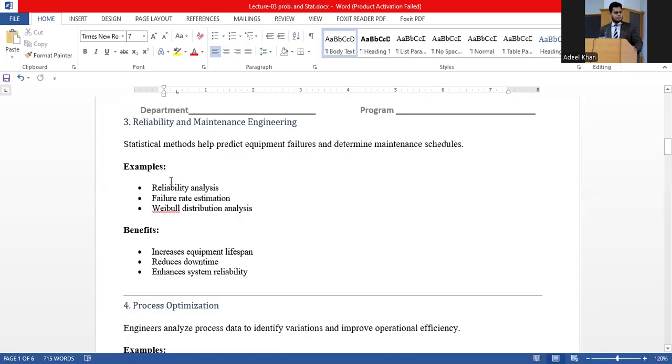Examples for this scenario are reliability analysis, failure rate estimation, and variable distribution analysis. So these are the ways in which it is applicable. And their benefits are increased equipment lifespan, reduced downtime, and enhanced system reliability.